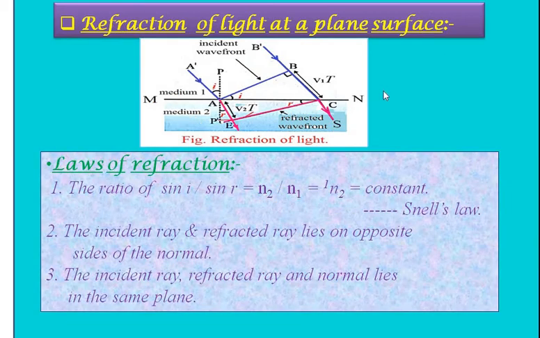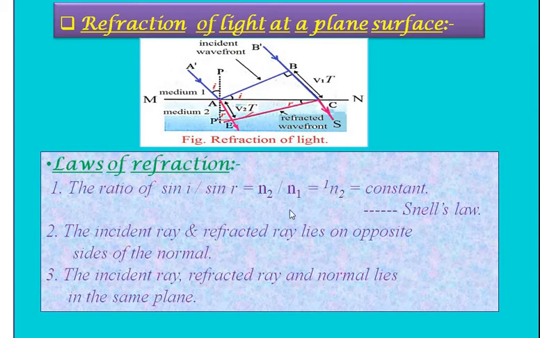Then the laws of refraction are. Here we have proved Snell's law, that is, the ratio of sine of angle of incidence to the sine of angle of refraction is always constant, and this constant is called the refractive index of the second medium with respect to first.